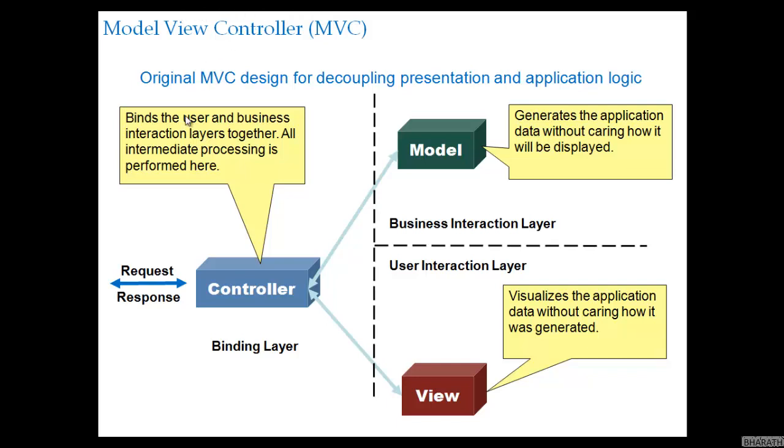Here you can see in this diagram, the user interaction layer is at the view and the business interaction layer is at the model. In other words, application logic is at the view level and business logic is at the model level. To control the communication between model and view, we have a controller. The controller will take the request and send the response to the view. As per the MVC architecture, there should not be any direct communication to the model from the view. So this is the MVC architecture.